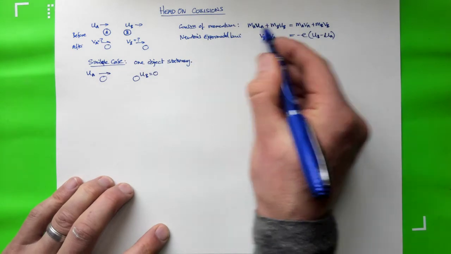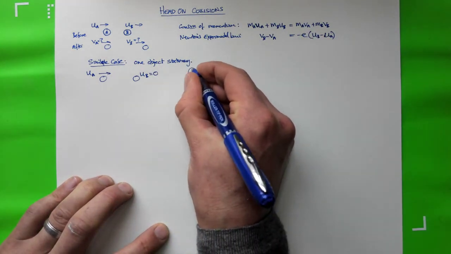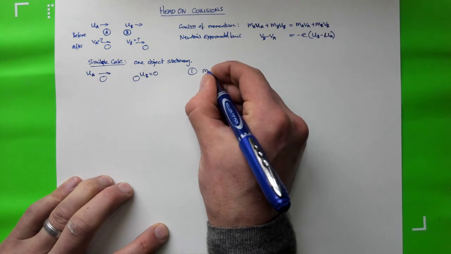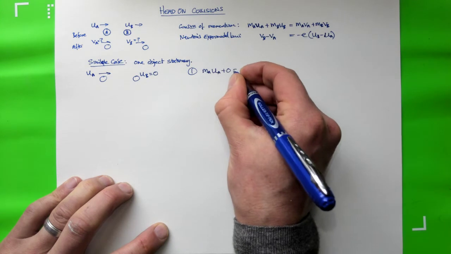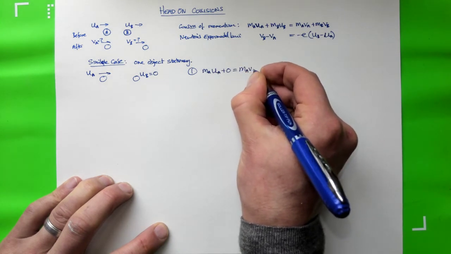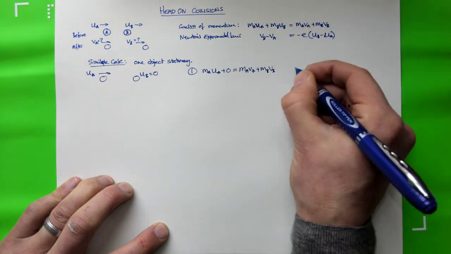Now let's apply the conservation of momentum and Newton's experimental law to this situation. So here we go. Equation 1 is going to be the conservation of momentum. So we have mA uA plus 0 equals mA vA plus mB vB.